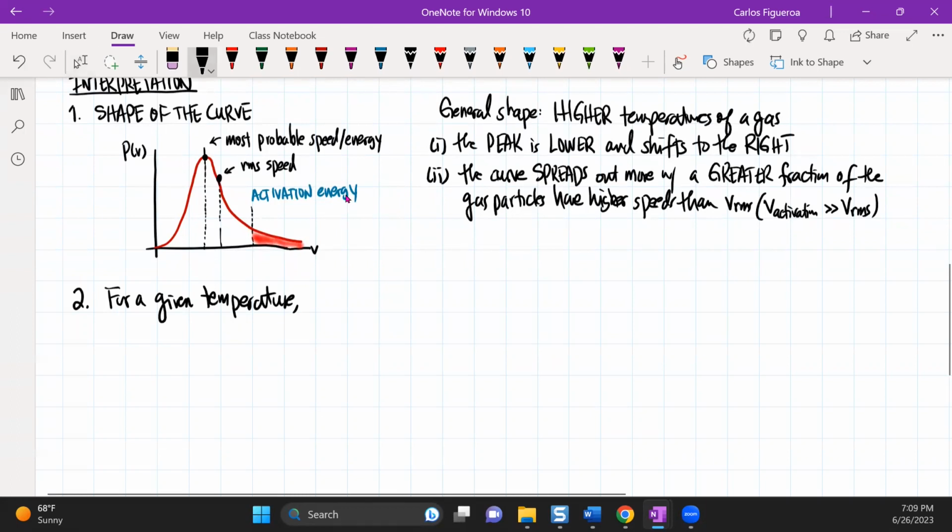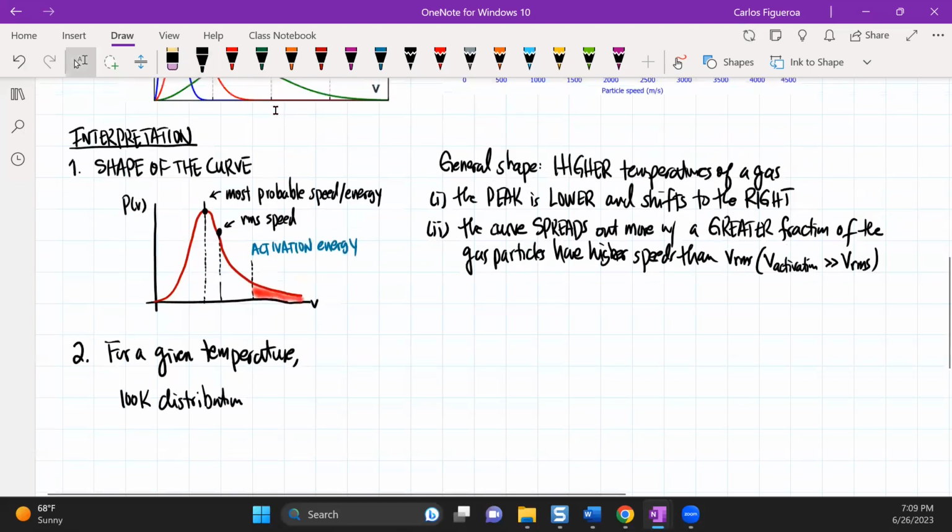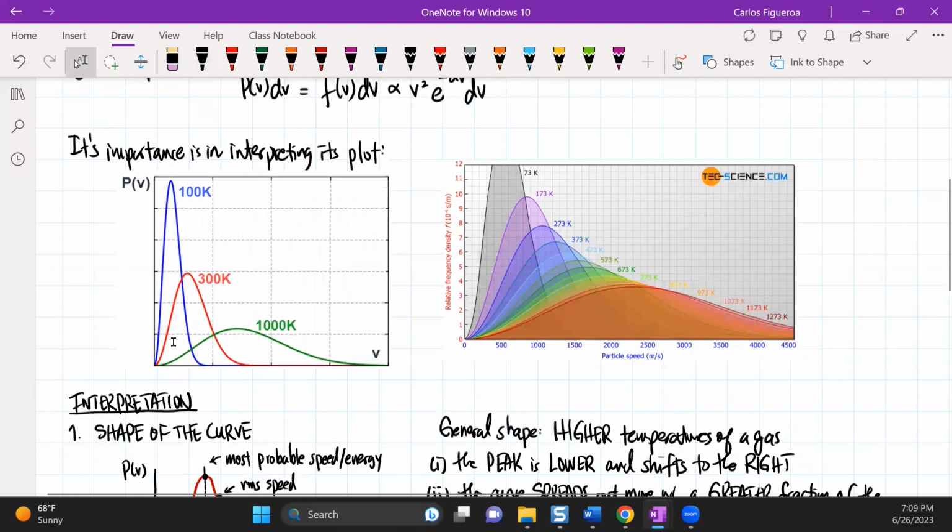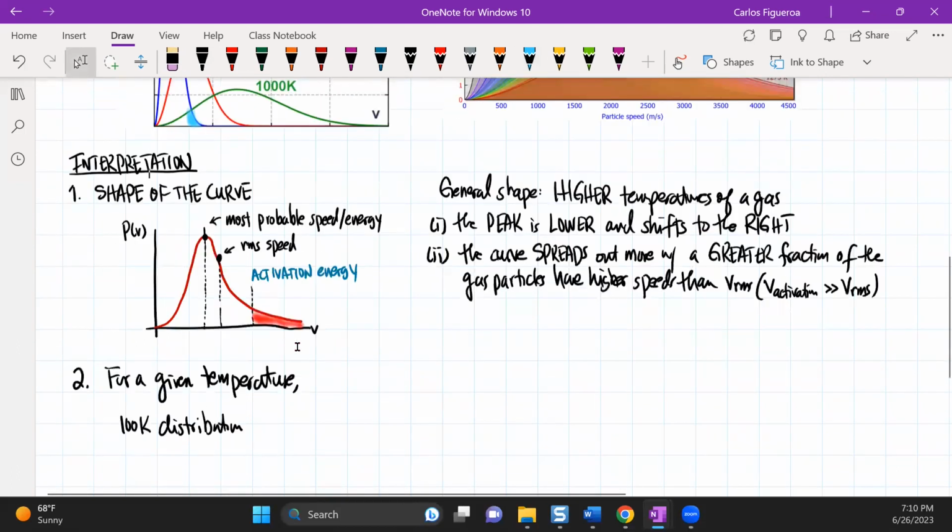So let's look at the 100K distribution. See how it's very localized? If you were to look at the tail here, the activation energy is really small. So that's what I got to reflect here.